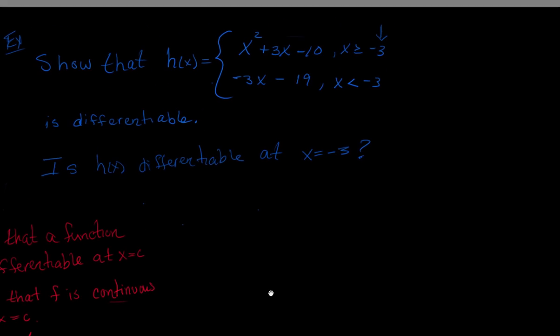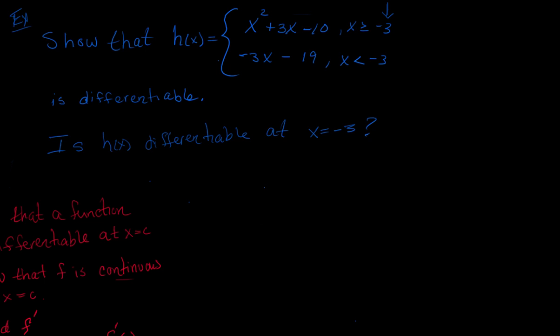Okay, so the goal here is to show that this piecewise function is differentiable at x equals -3, since we know that it will be differentiable everywhere else, since those are just nice polynomials everywhere else. It's only at x equals -3 that we might be worried. So let's do this. Step 1. We need to show that it's continuous.